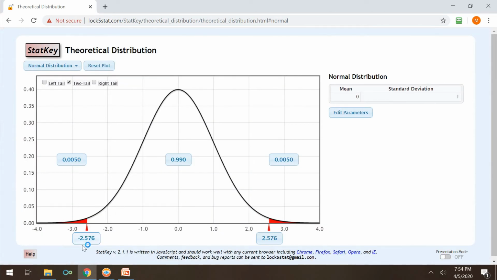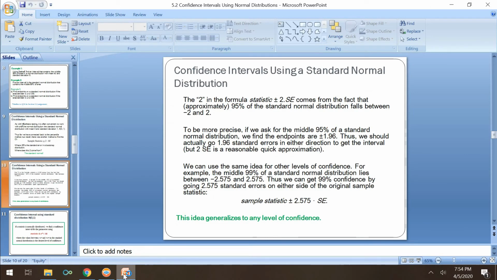If we do that, we will find that the z values will be negative 2.576 and positive 2.576. So we can actually write the formula as sample statistic plus or minus 2.575, if we're rounding, times SE, just to find the confidence interval for 99%.